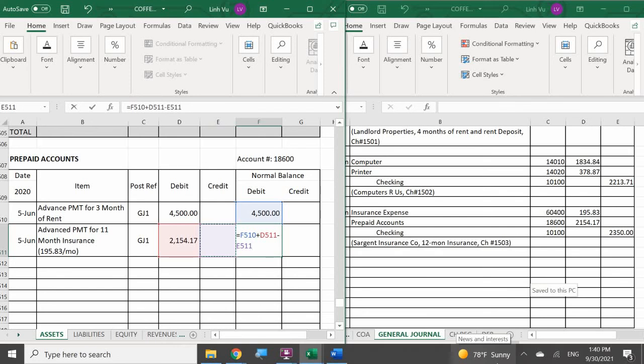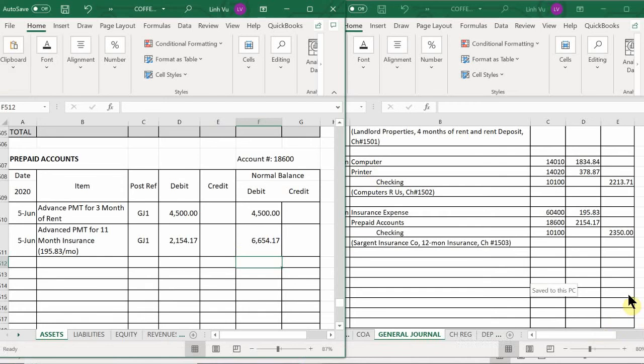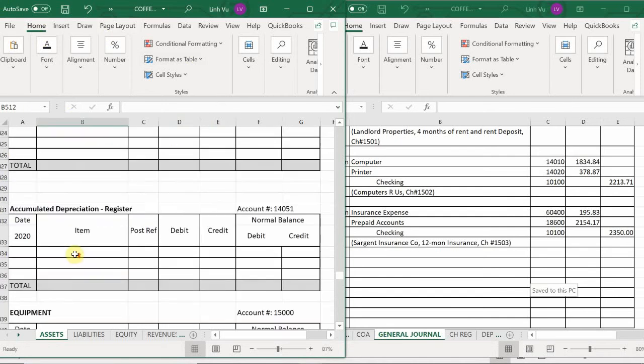You have 5,500 plus the 2,154.17, which is 6,654.17. Perfect. $6,654.17. Good.